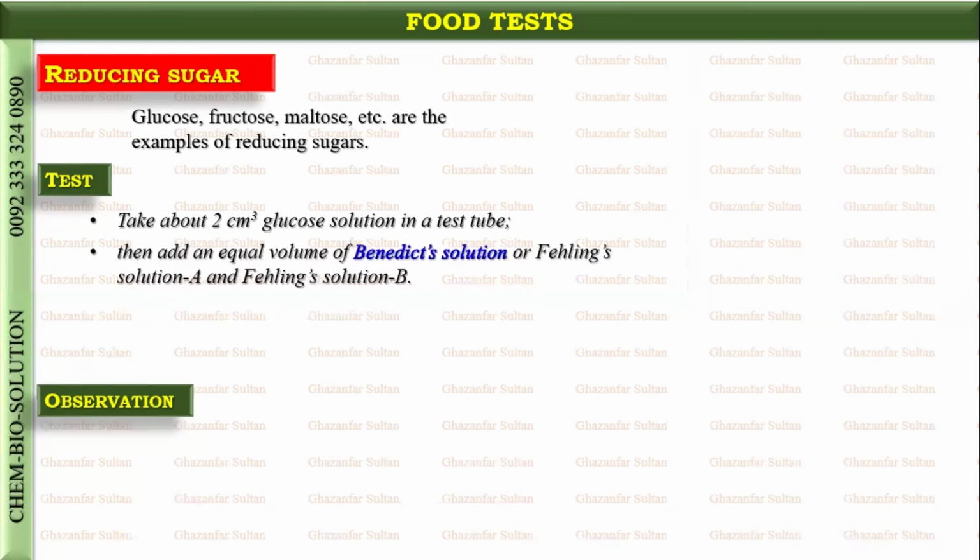So, how to perform this test? We should take about 2 cubic centimeters, or 2 ml, of glucose solution in a test tube. Then we will add an equal volume of Benedict solution, or Fehling solution A and Fehling solution B. We can use either of these reagents.